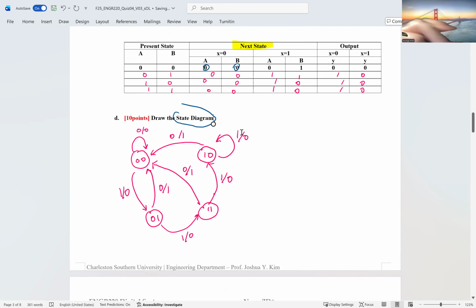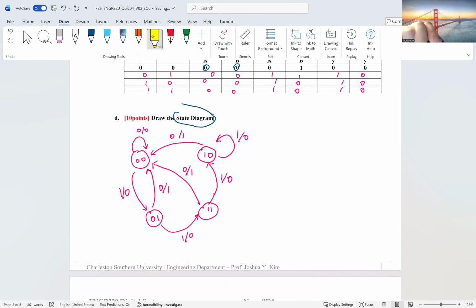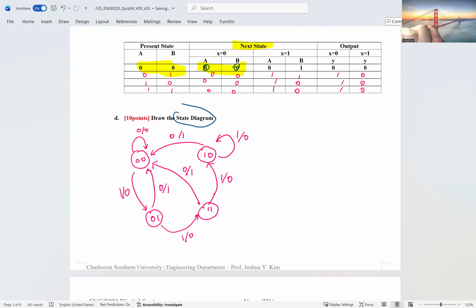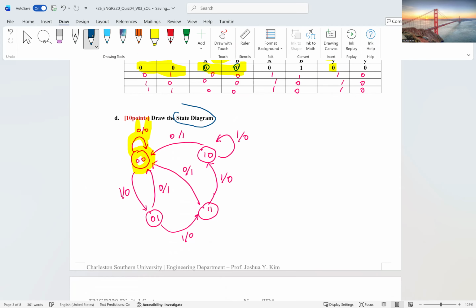So for example, I'm going to show you a bigger one. 0, 0 to 0, 0 when the X is equal to 0, and Y is what? 0, 0. So 0, 0 to the 0, 0, the next state, X 0 and Y is 0. Okay. So that is for X and Y.